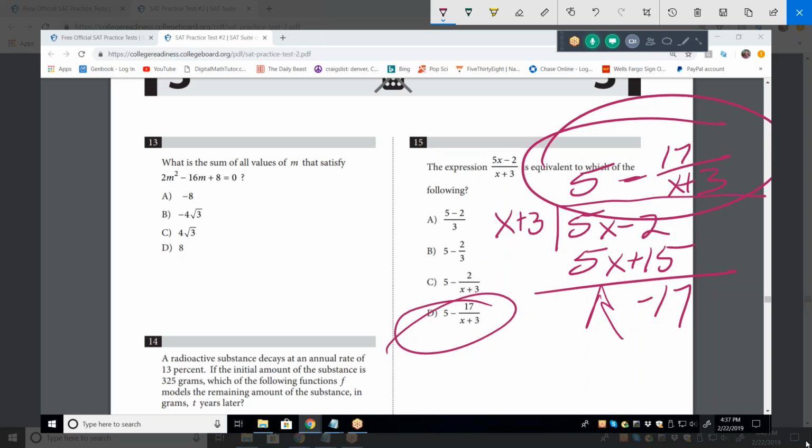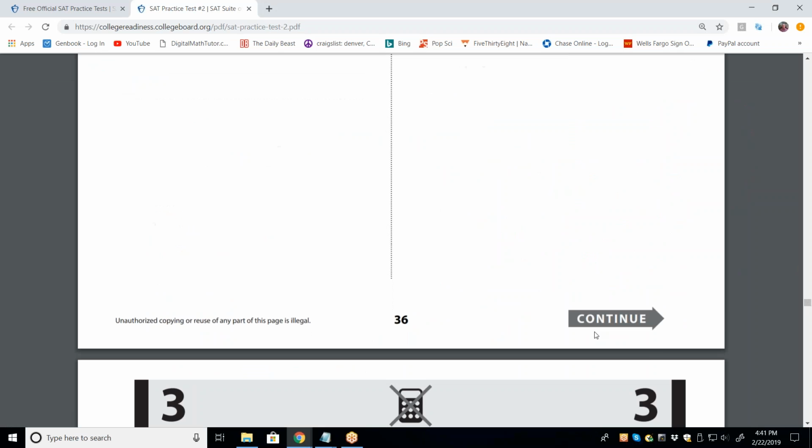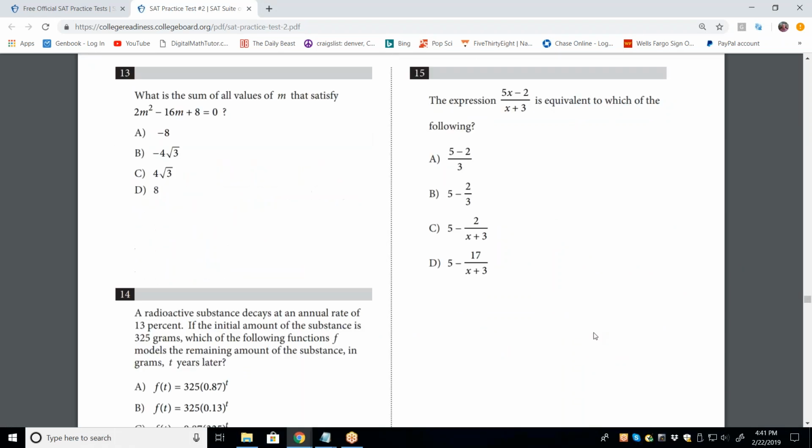But not everybody realizes that you take that remainder and you place it over the divisor, and that the answer is 5 minus 17 over x + 3. Okay? All right, that's the last of the hard ones for that section.